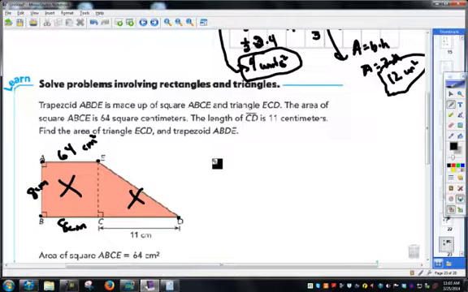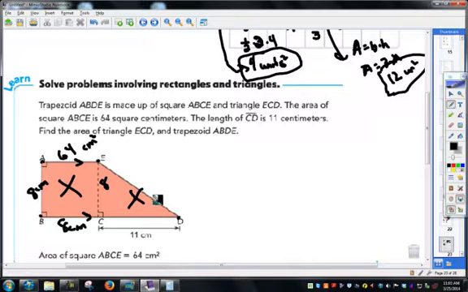Okay, find the area of triangle ECD. This distance right here is 8, and this is also 8, because this comes straight down at a right angle and still gives me the distance between the two bases of the trapezoid.